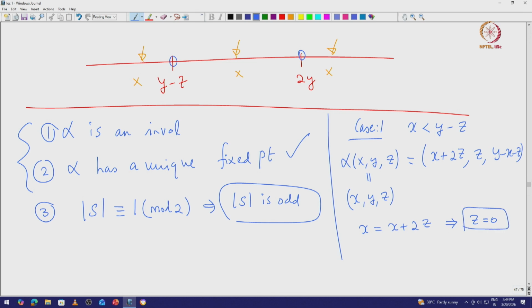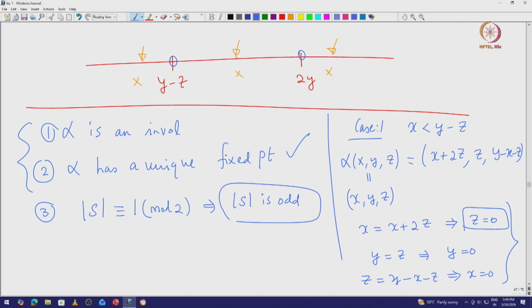So, z is 0 and y equals z, that would imply that y is 0, and now you can see the last one is that z equals y minus x minus z, that would imply if z is 0 and y is 0 then x is 0.